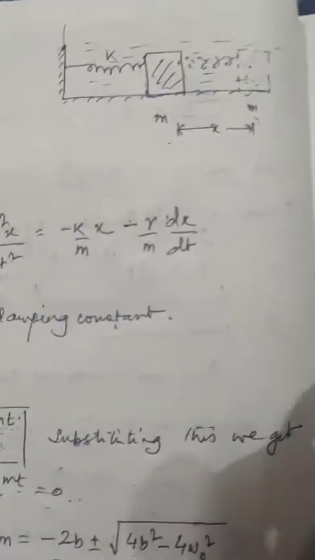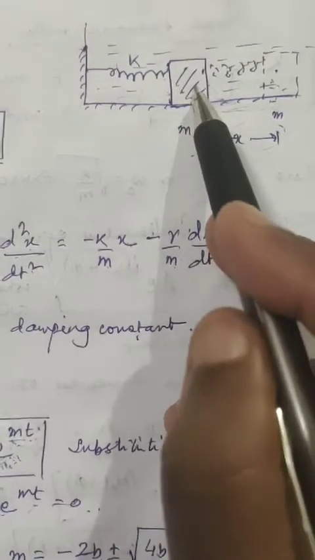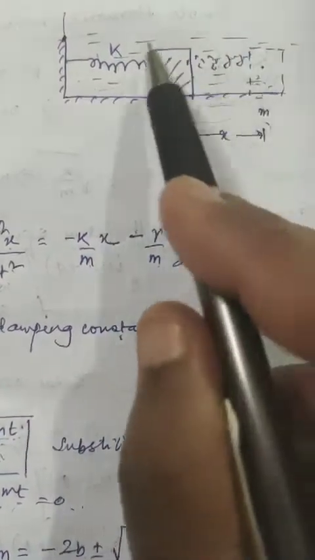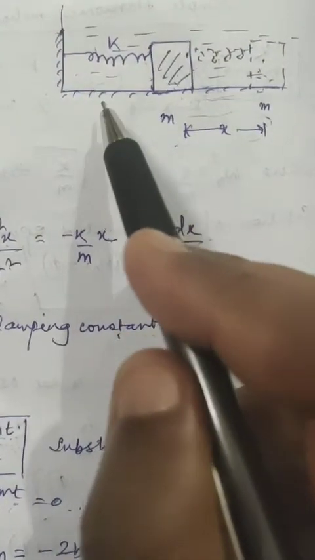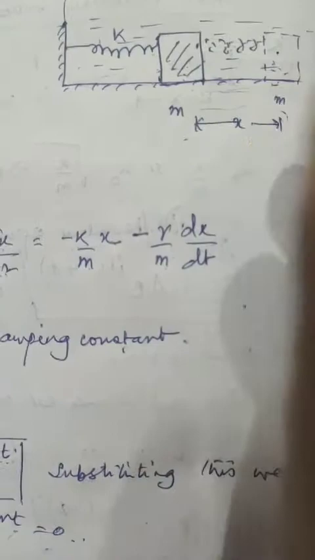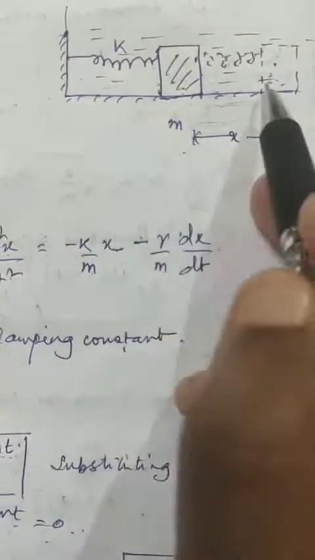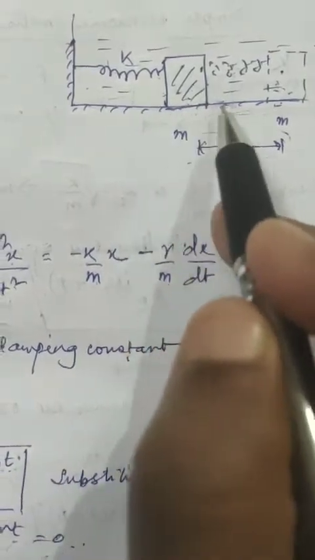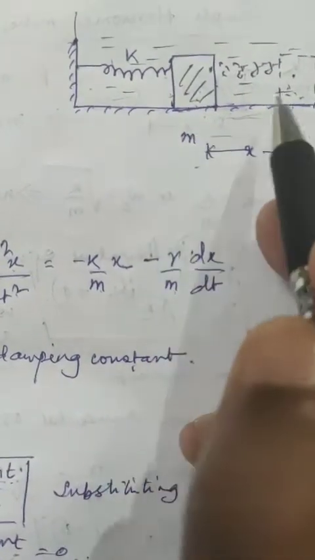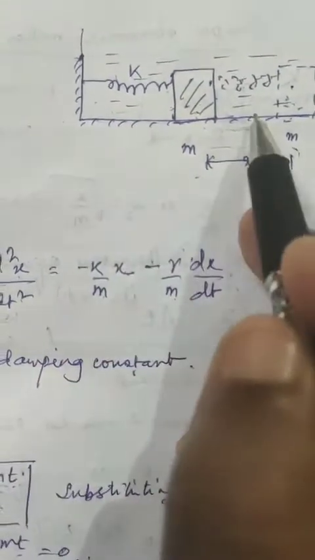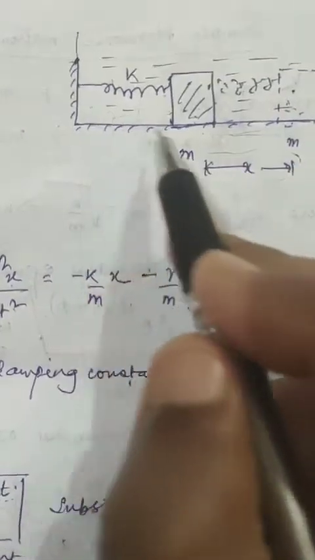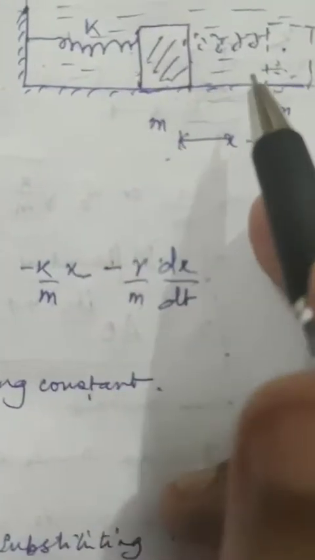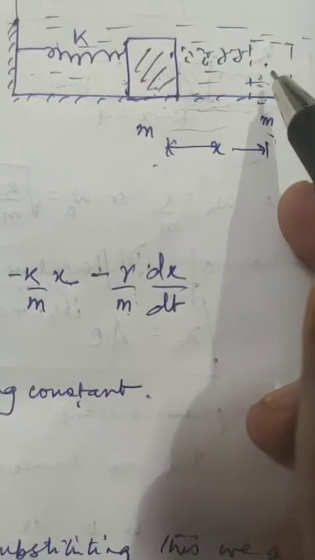So in other words, try to understand, if this liquid has a small viscosity, then this mass will oscillate, but the oscillations will finally reduce to 0. But if the viscosity of the liquid is very high, let us say you put the spring mass system in a jelly.